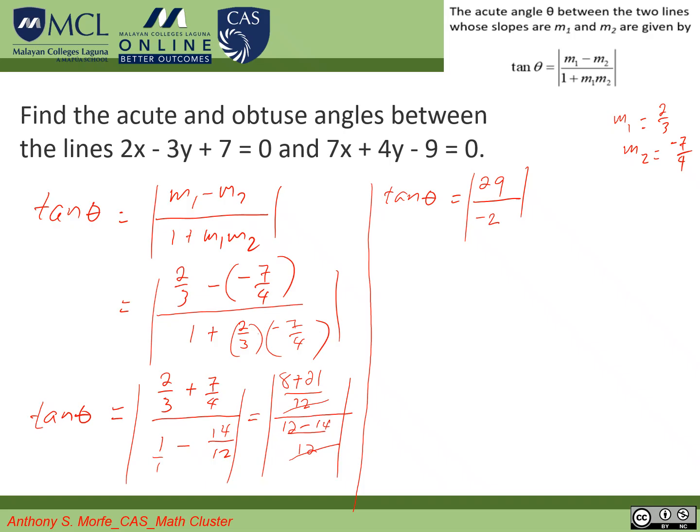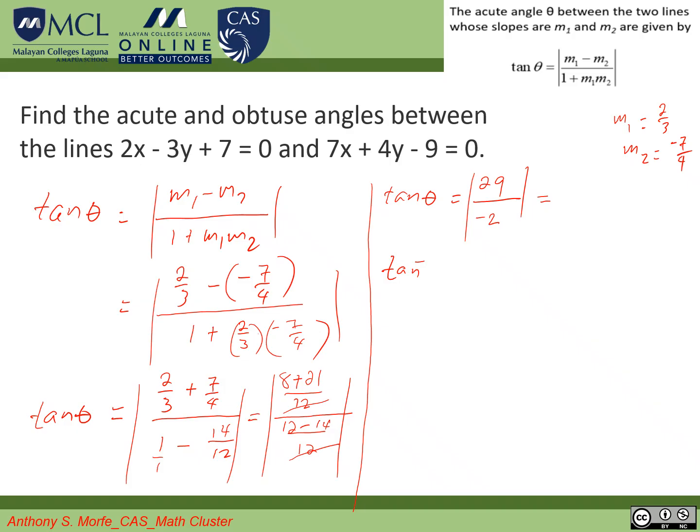So what is 29 divided by 2? Okay, you can use your calculator to calculate that one, and then you solve for theta. To solve for theta, just take the inverse tangent of both sides. But get the answer for this one first to simplify the expression.